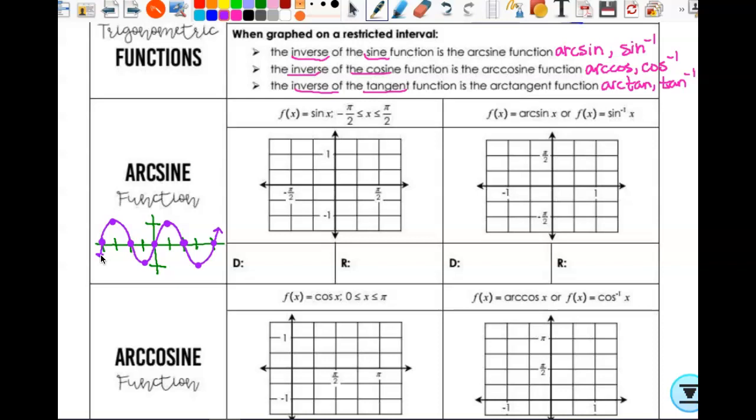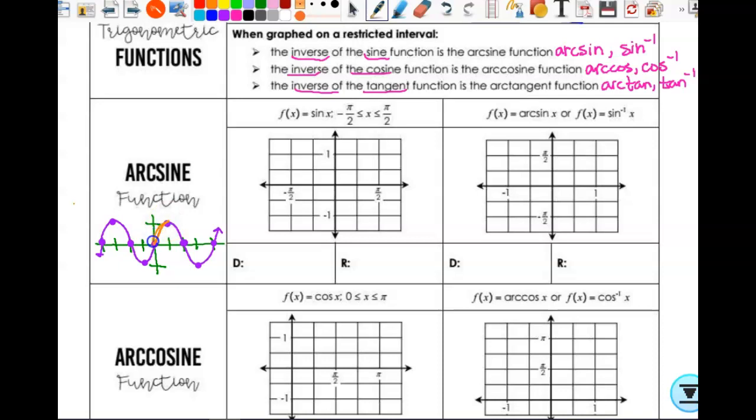What I mean by that is this. If I start at 0 and follow to here, if I kept going past pi halves, that's what's going to make it fail that horizontal line test, right? But from 0 to pi halves, doesn't this incorporate all of the possible positive y values I could get? Because on the way down, I just start repeating them, and then when I come back up again, I'm just repeating them again.